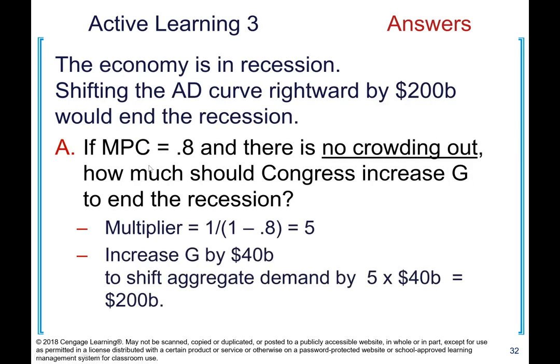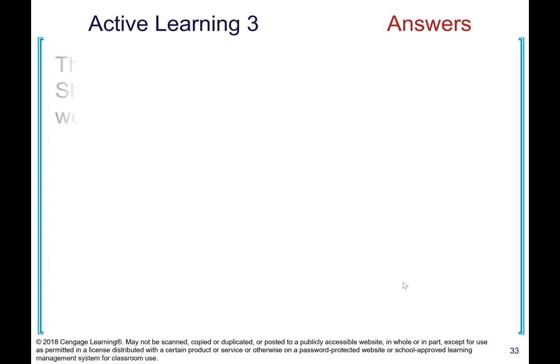Number A, if MPC is 0.8 and there is no crowding out, how much should Congress increase government spending to end the recession? The multiplier is 5 using that formula. Increase government spending by 40 to shift aggregate demand by 200, which is 40 times the multiplier.